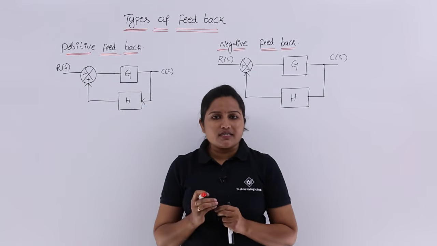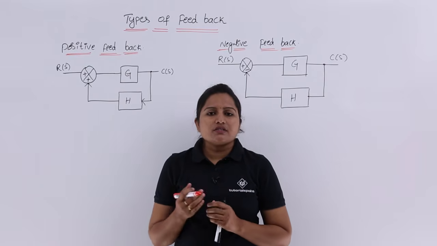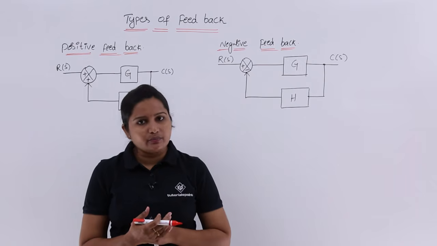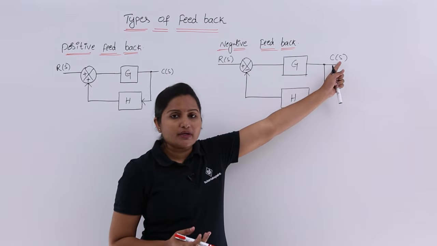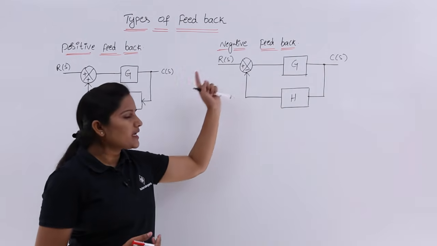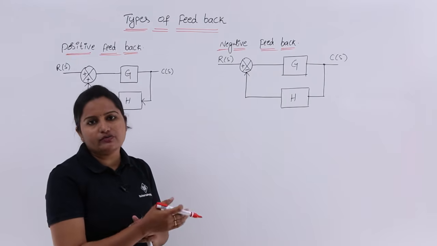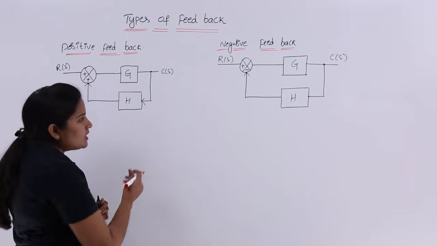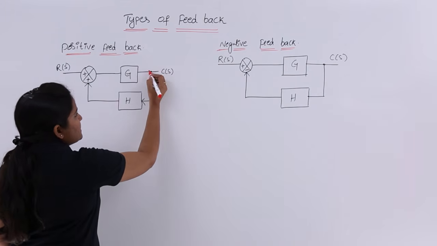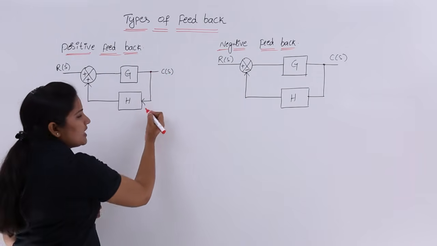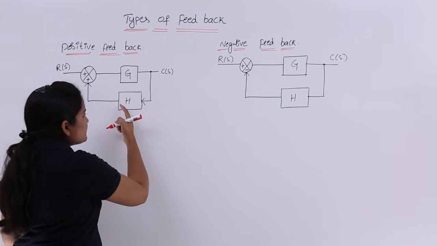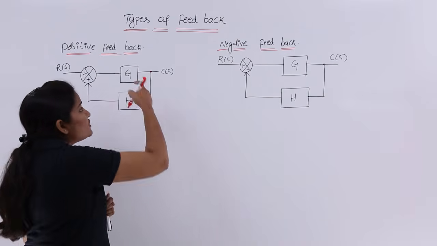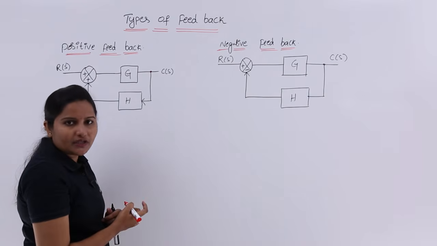Then coming to the transfer function of these two systems, we know that the transfer function is the ratio of output transform to input transform. Here we have the output transform as C of S and the input transform as R of S in both positive and negative feedback systems. At this point you have C of S. This C of S is multiplied with the feedback gain H, where H is the feedback gain and G is the open loop gain of the control system.